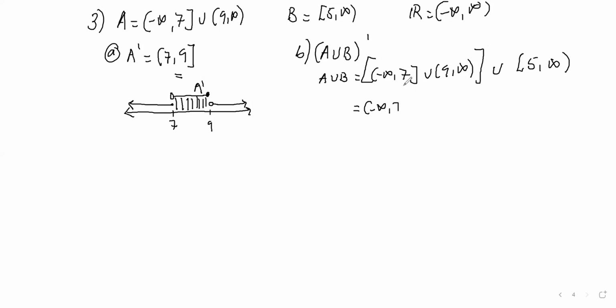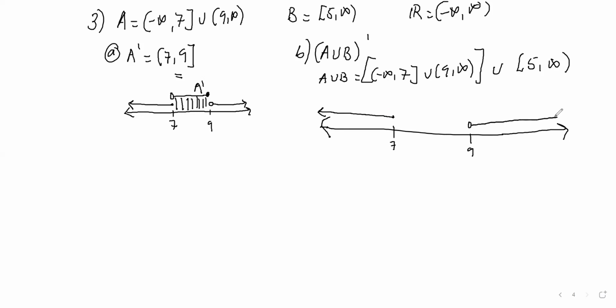But as you go all the way up to 7, you find that, or maybe before we start writing them, let's put them on the number line so that we can see what we're getting. So we'll have up to 7 here to the left, and then from 9 go this side. Then from 5 here to infinite.